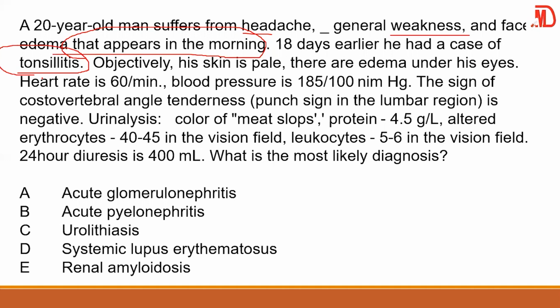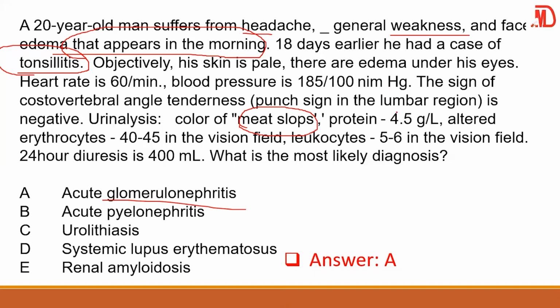Good. Now, don't confuse all of these things with the mid slopes, which normally is commonly found in kidney stones or urolithiasis. But looking at the pathogenesis of everything over here, we will be looking at post-streptococcal glomerular nephritis. And so therefore, your answer here should be A, acute glomerulonephritis. But the real disease is post-streptococcal glomerular nephritis.